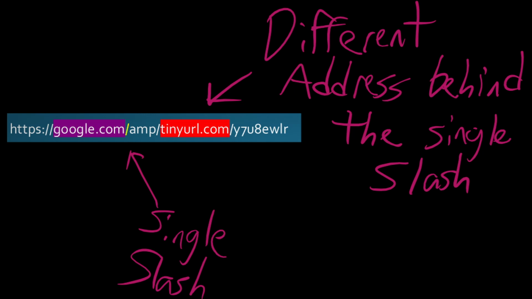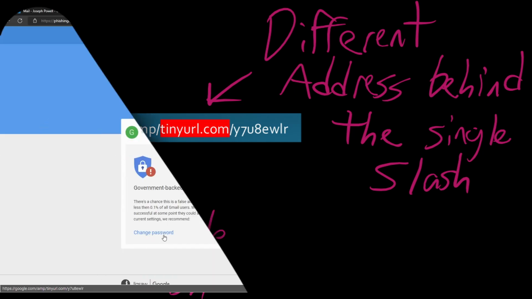Now this I don't expect you to remember because this is very advanced and this doesn't come up very often, but it does come up sometimes. So if you look and you see google.com/amp, that's fine, the tinyurl.com, that's not normal. You don't normally see a whole other URL injected inside that part after the slashes. So if you ever come across something like that, that's kind of a red flag.